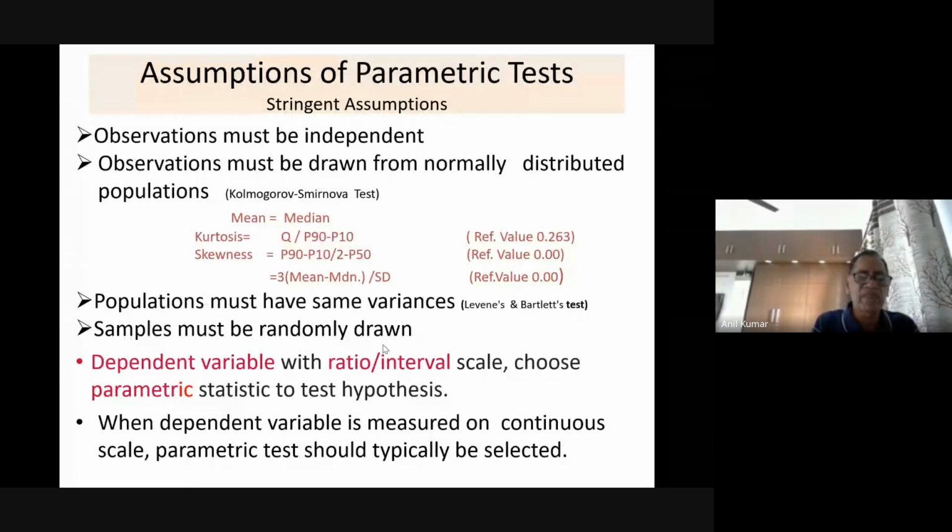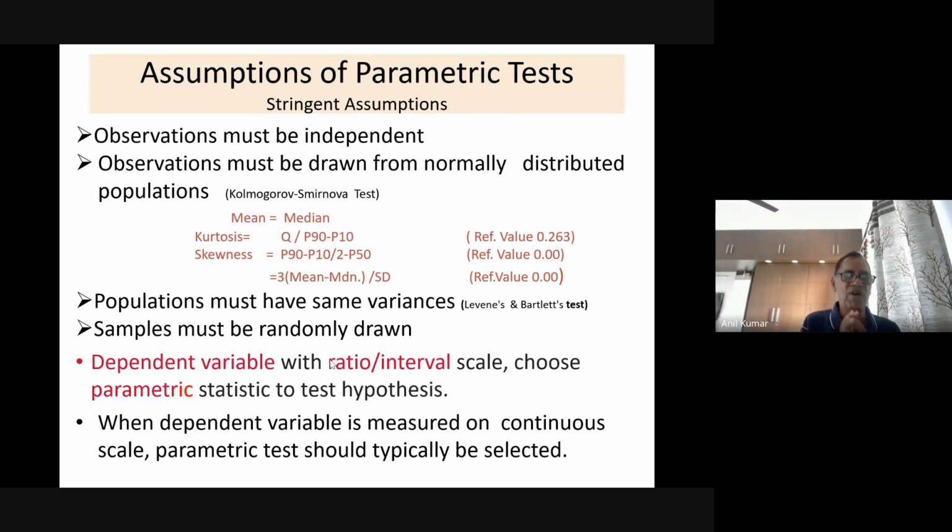And the third, very important part, which I think you are now aware of in research: we are talking of the independent variable and the dependent variable. One of the important assumptions of using a parametric test in inferential stat is that the dependent variable should be on a ratio or interval scale if you want to use parametric stat for testing hypotheses. I think you need to know there are four types of scale, which I will be discussing in the next few slides.